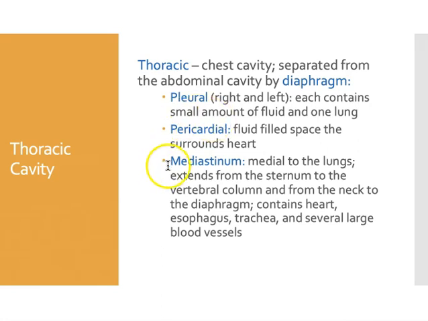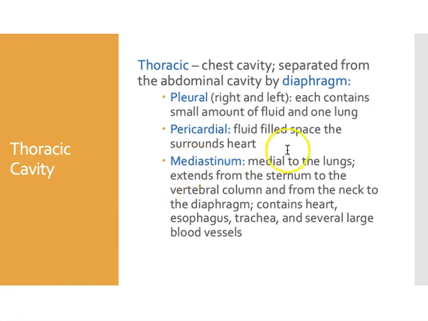And finally, there's the mediastinum. This is a cavity that is located medial to the lungs. Remember what that term means. That means closer to the midline of the body than the lungs. And it extends from the sternum to the vertebral column.